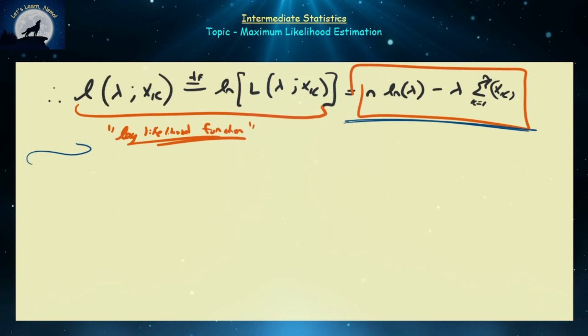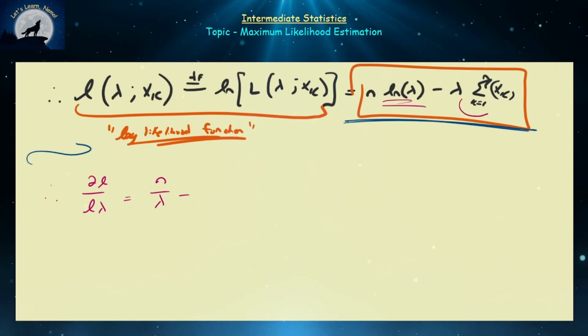So let's see if we can maximize the log likelihood. If we take the partial derivative of our log likelihood function with respect to our parameter lambda, that's going to give us m times 1 over lambda, which is m over lambda. Keep in mind the sum of our xk is just a number as far as lambda is concerned, so that's a number times lambda, which by the power rule is just the number.